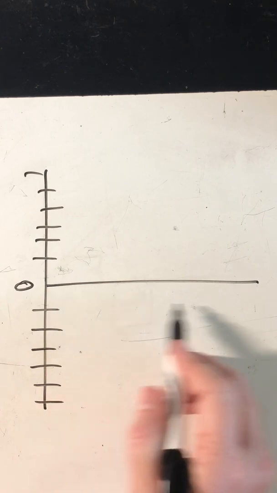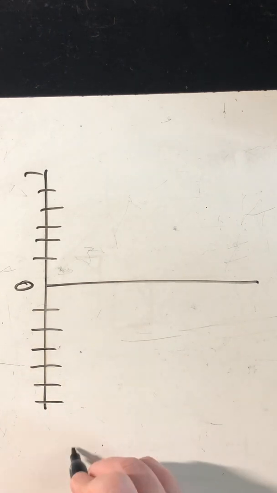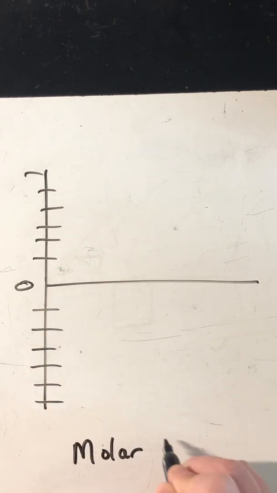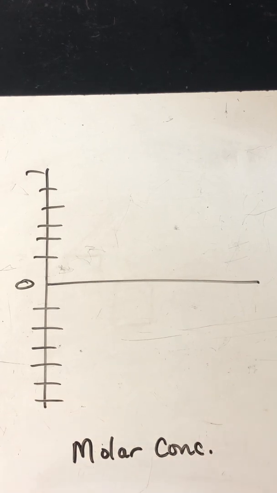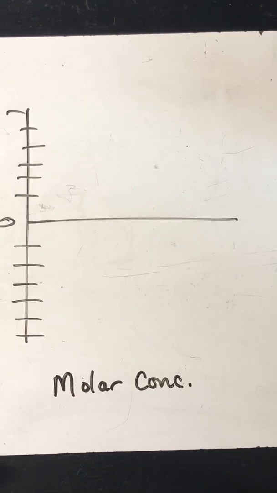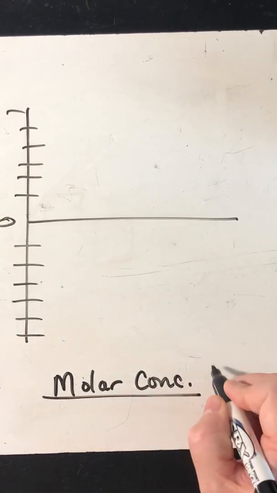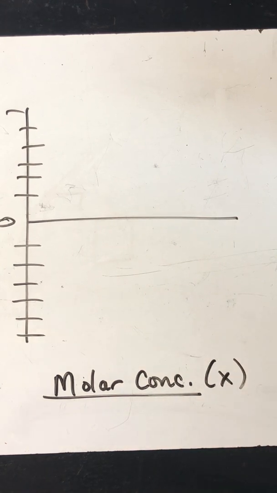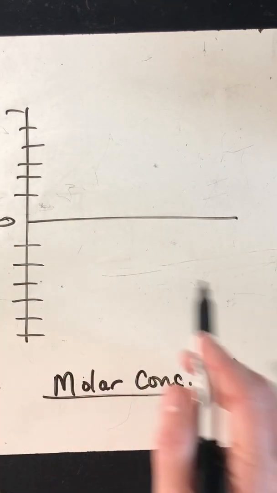So the thing that the scientists changed was the molar concentration. Okay, and so your independent variable, the thing that the scientist changes, always goes on your x-axis, okay, because we've got the dry mix. So the molar concentrations that they gave us were 0, 0.5, 1, and 2. So they skipped 1.5 because you want to make sure that this is spaced out evenly.